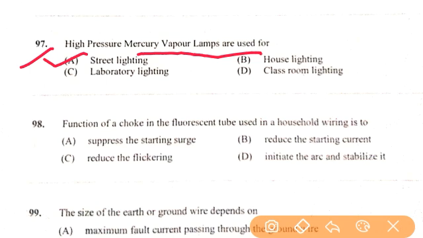Option A will be the correct answer. In the next question, the function of a choke in a fluorescent tube used in household wiring is to reduce the starting current. Option B will be the correct answer.